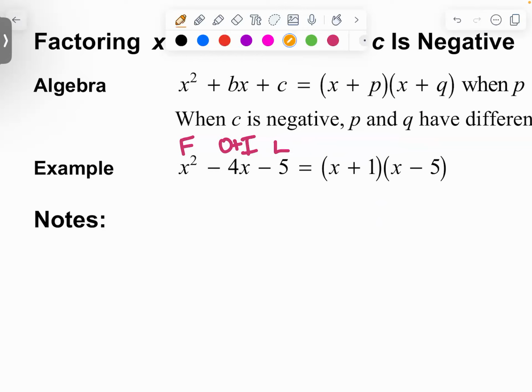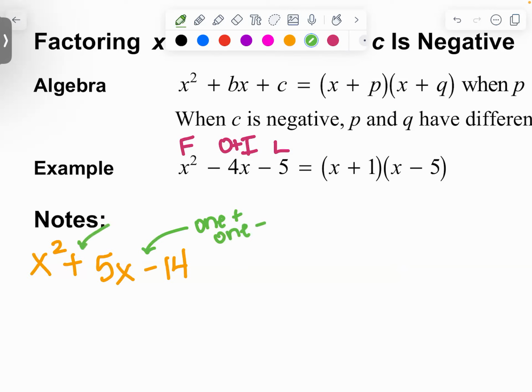You're fine. Okay, so let's talk about x squared, write this down, plus 5x minus 14. Since the constant is negative, that tells us that we have one number that's positive and one that's negative.